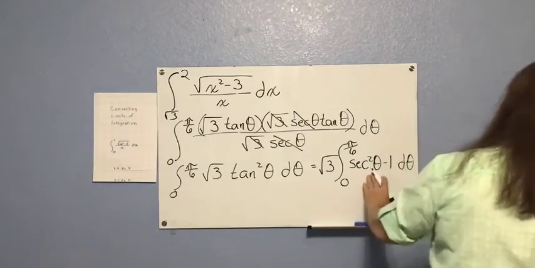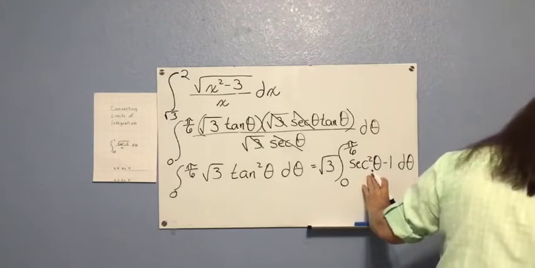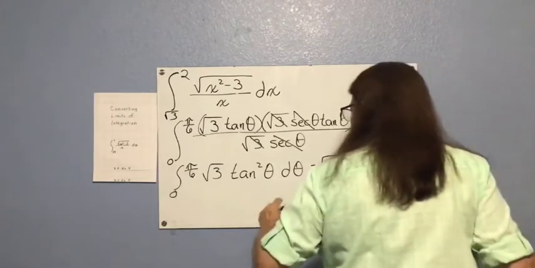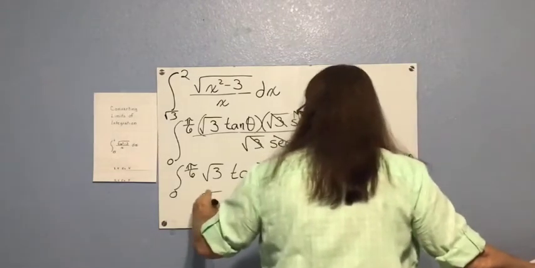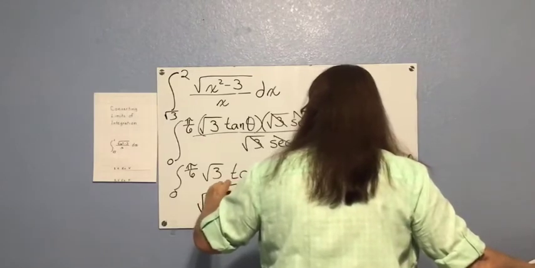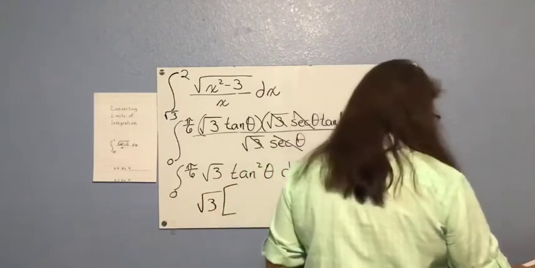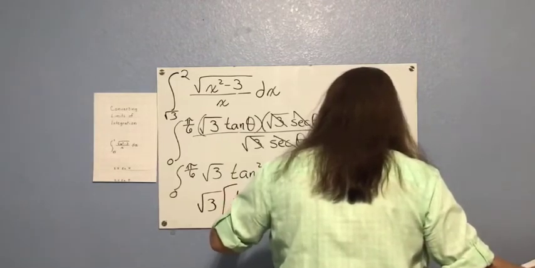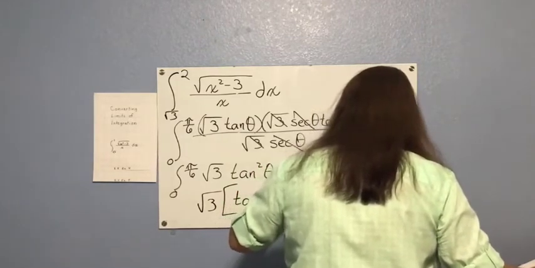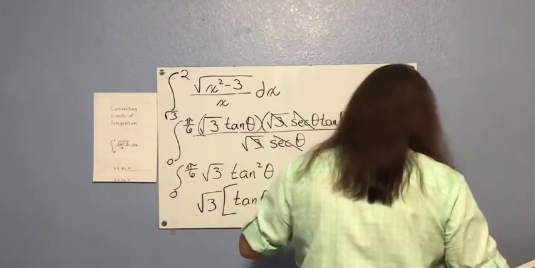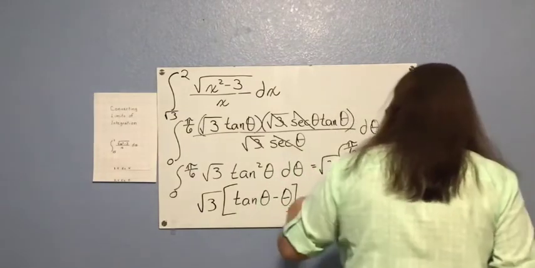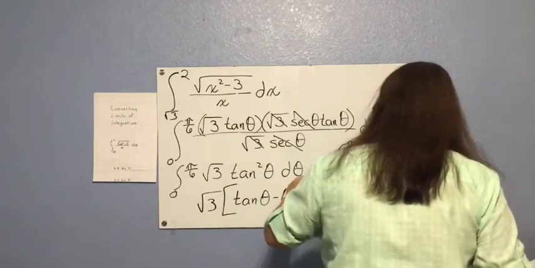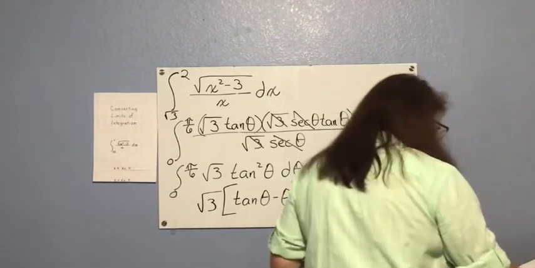Okay, and the integral of secant squared theta minus 1 is going to be tangent theta minus theta from 0 to pi over 6.